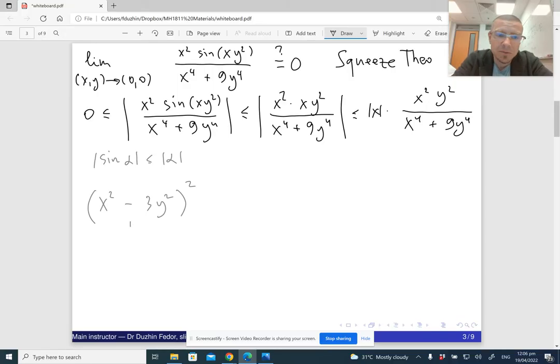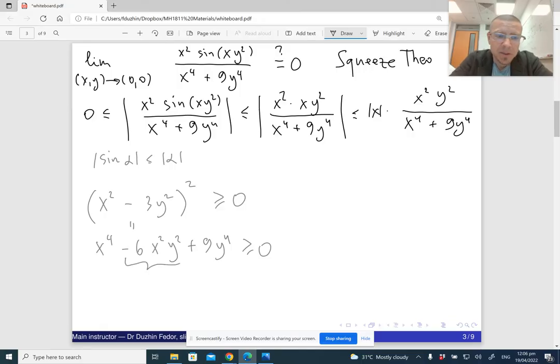So this is really x to the 4 minus 6x squared y squared plus 9y to the 4. On the other hand, this is the square of something, and the square of anything is always non-negative, so it is non-negative.